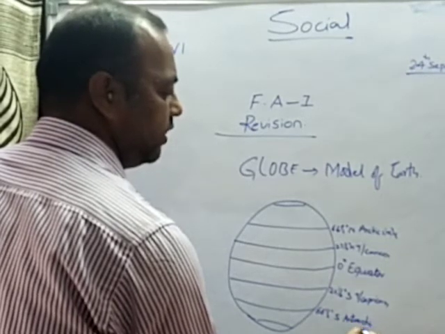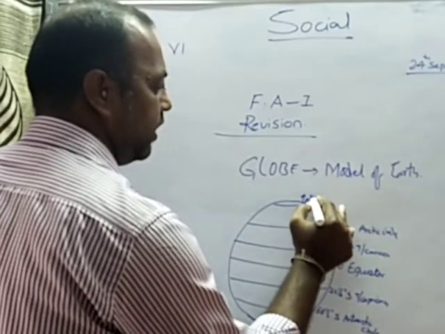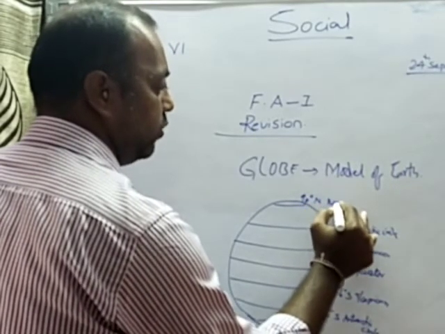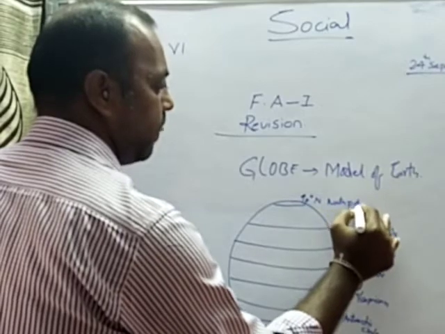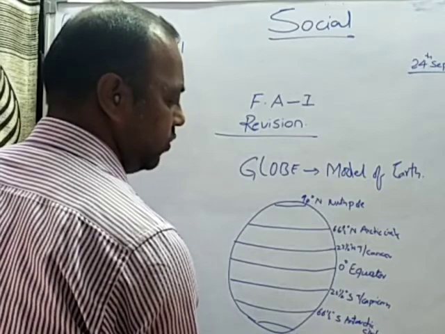What do we call it? Antarctic Circle. And 90 degrees north, we call it North Pole, okay? And 90 degrees south, we call it South Pole.